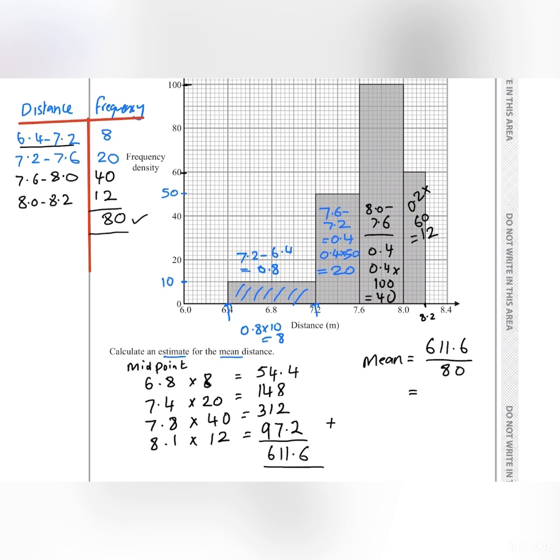And if you work that out on the calculator, that is 7.645. Okay, so that is the mean distance from this question.